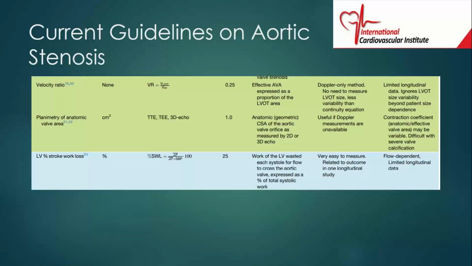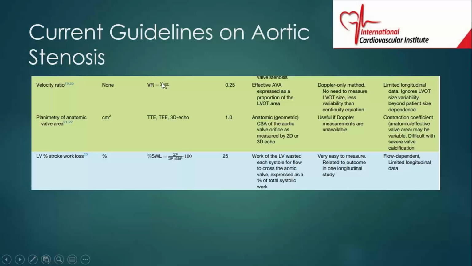Sometimes when you do these studies, you can't really see the LVOT properly. Sometimes there's a lot of calcification, and you'll make a lot of error. You can use what we call the dimensionless index or the velocity ratio.